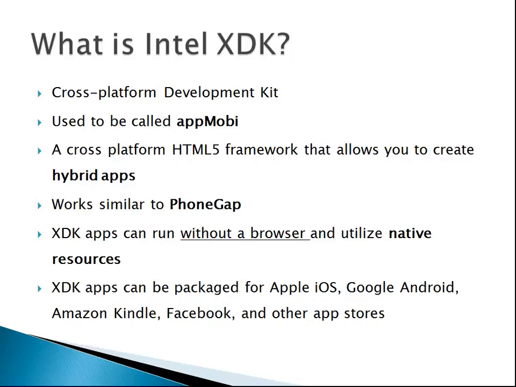Just like we saw with PhoneGap, XDK can access the device's camera, the contact list, notification system, pretty much all of the features that a native app could access. XDK apps can be packaged for Apple iOS, Google Android, Amazon Kindle, Facebook, and other app stores.